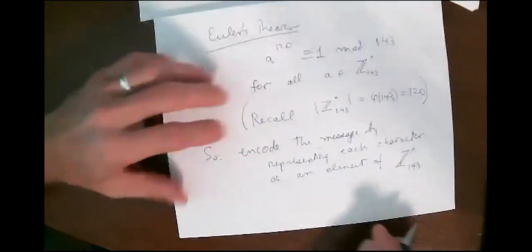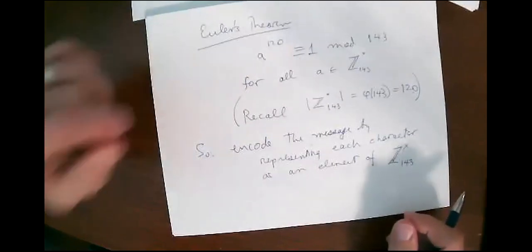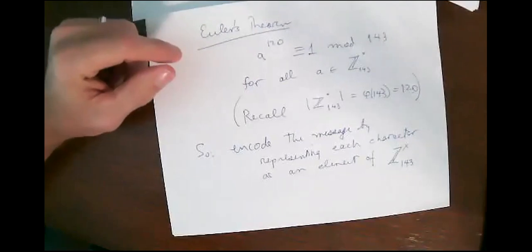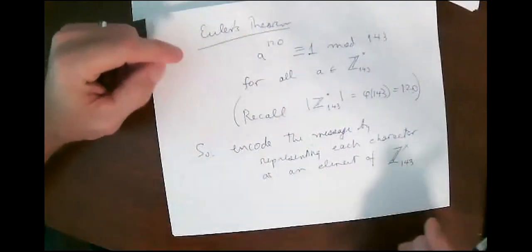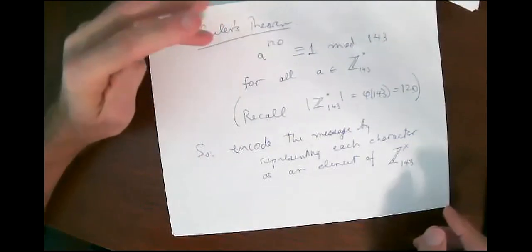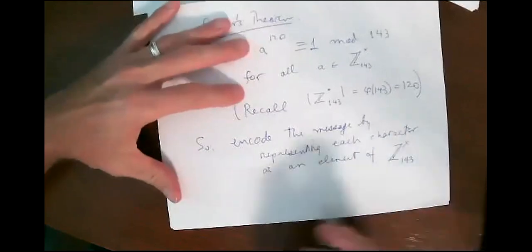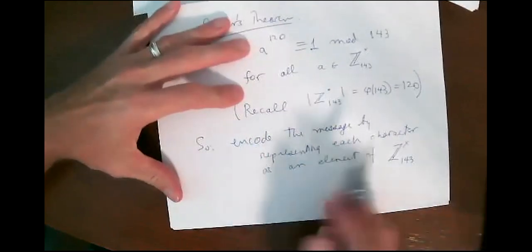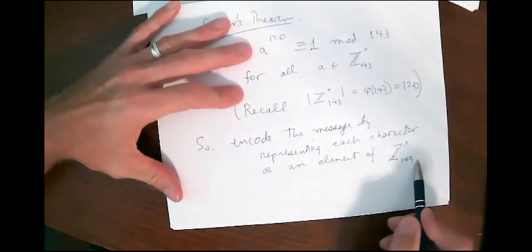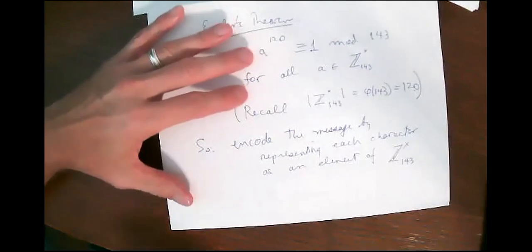And I don't care how you do that, but we should just all agree on some mechanism that would let us do that. And when I say we should all agree, I mean I, who am trying to send the message, and you who are going to receive the message. And honestly, I'll even allow any eavesdropper to know the encoding method that turns every bunch of letters into a bunch of elements in this, it's actually a group, Z mod 143 cross.